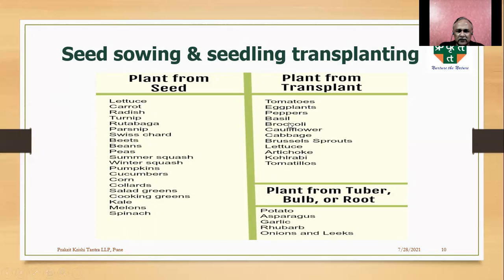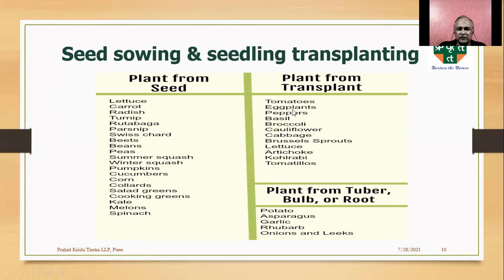But these are the crops which require transplanting. That means you have to prepare the seedling up to 5 or 6 leaves and then transplant it, and that takes almost 3 to 4 weeks, or sometimes more than 4 weeks, going into the 5th week.